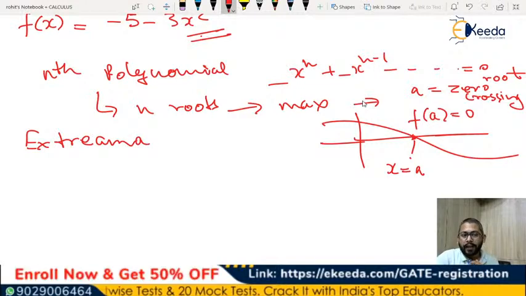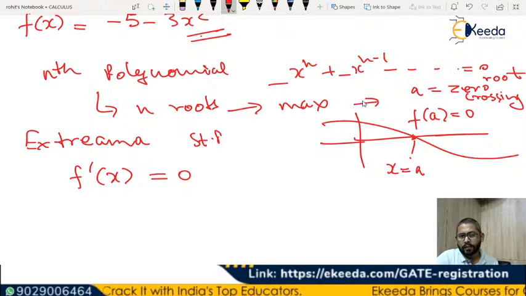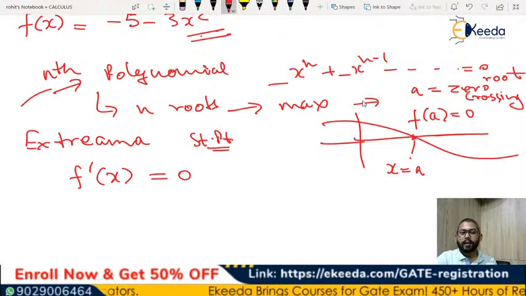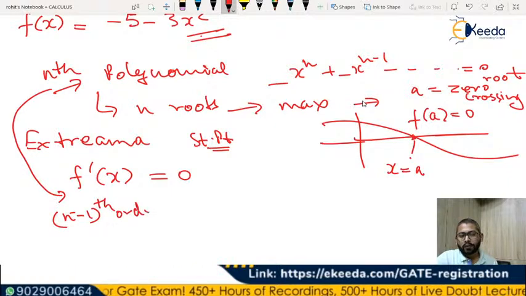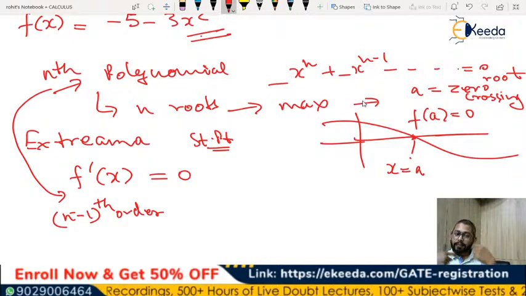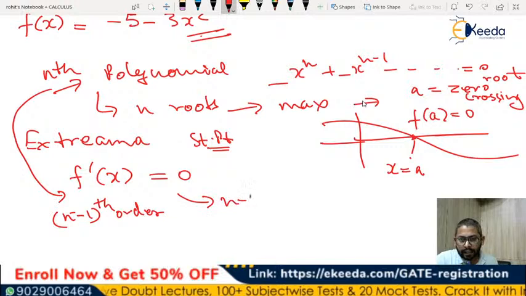We find extrema at f dash of x equal to 0, that is the stationary points. If there is an nth order polynomial, the derivative will be of order n minus 1. So the maximum number of real distinct roots of f dash of x is n minus 1.